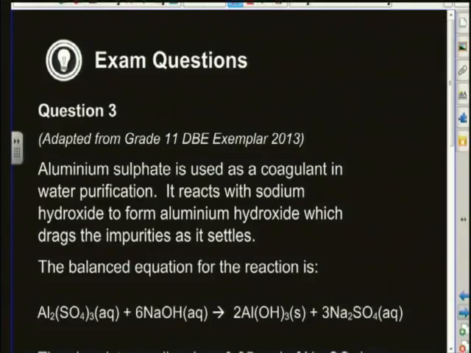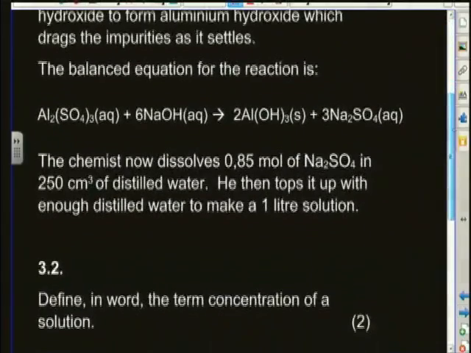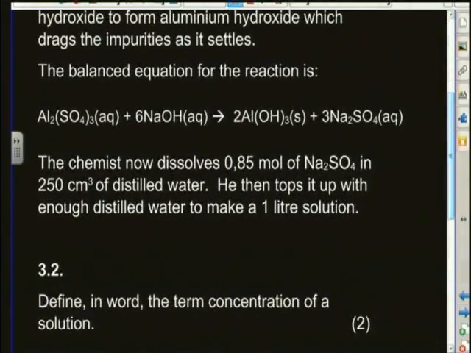Okay. Now, next question. So, still part of this whole water purification. The chemist now dissolves 0,85 moles of the sodium sulfate in 250 centimeters cubed of distilled water. He then tops it up with enough distilled water to make a 1 liter solution.